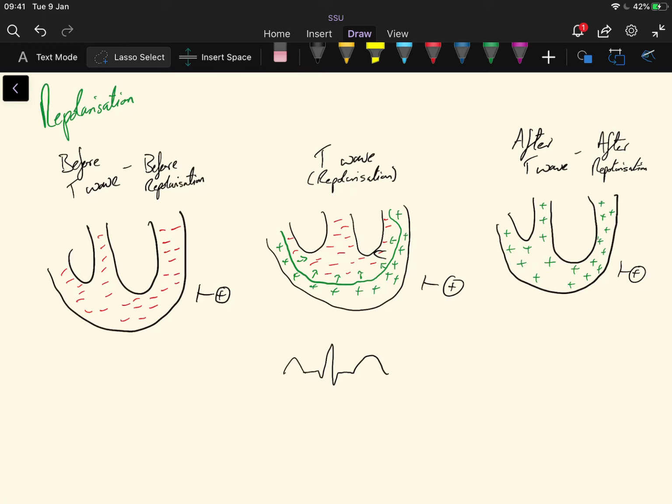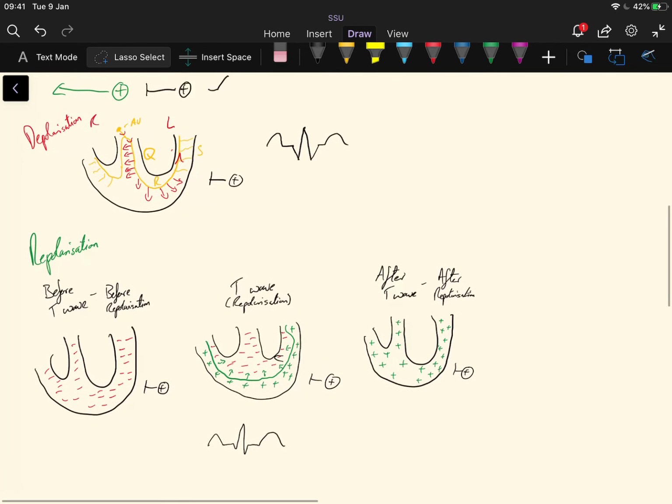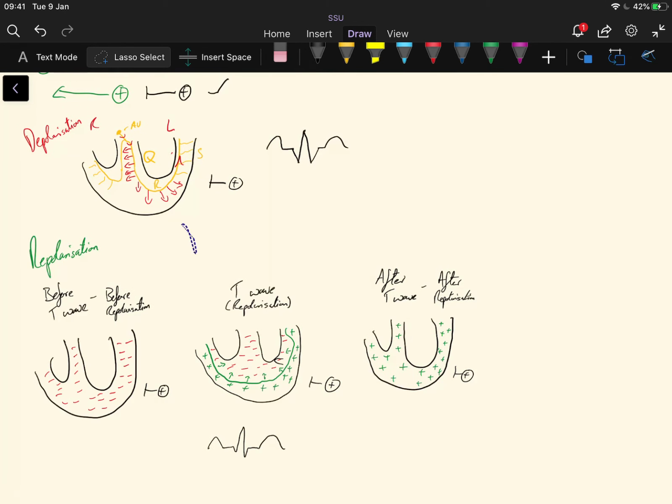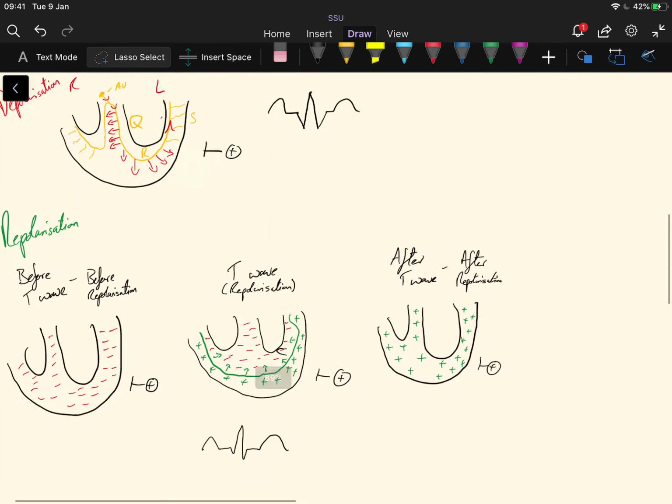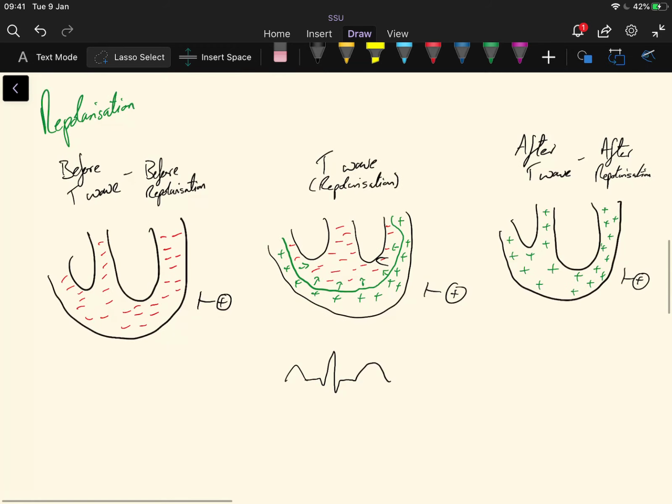So this lead is going to see that ultimately, even though there's charge coming in this direction, what it picks up is the bigger signal, which is over here. So it doesn't follow the same path as the ventricle does when it depolarizes. It just goes from outside in. So hopefully that all makes sense.